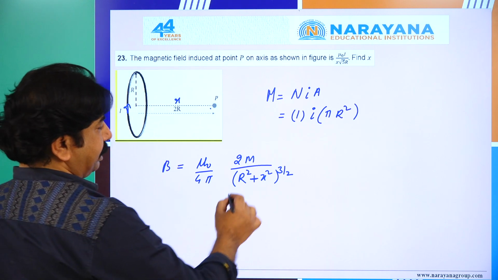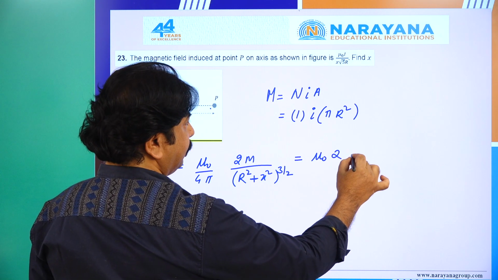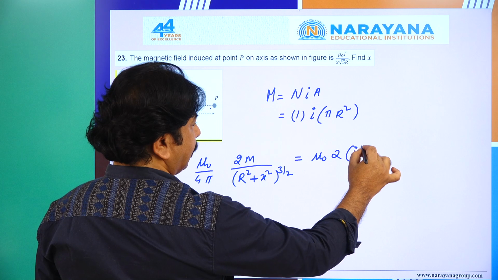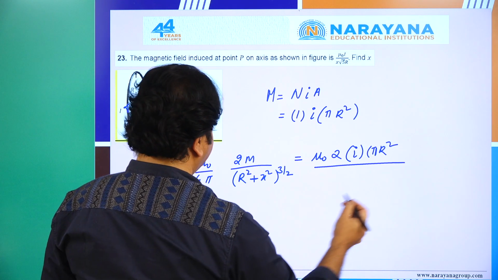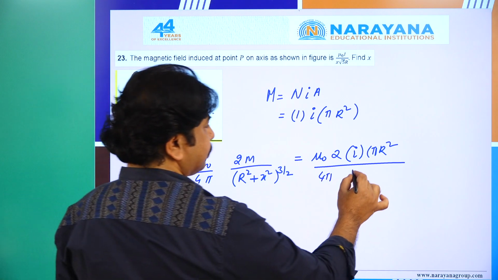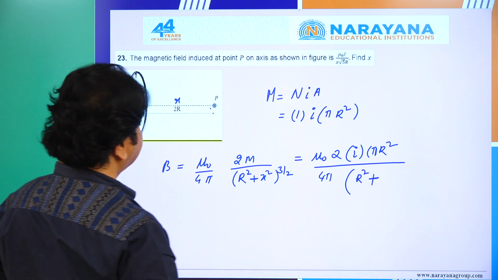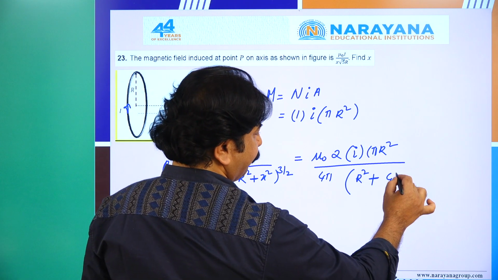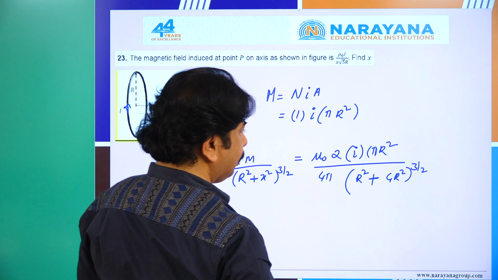So we are writing here B is equal to mu naught into 2 into I into pi r square by 4 pi into (r square plus x square) whole to the power of 3 by 2. Here r square plus x square is 4r square whole to the power of 3 by 2.